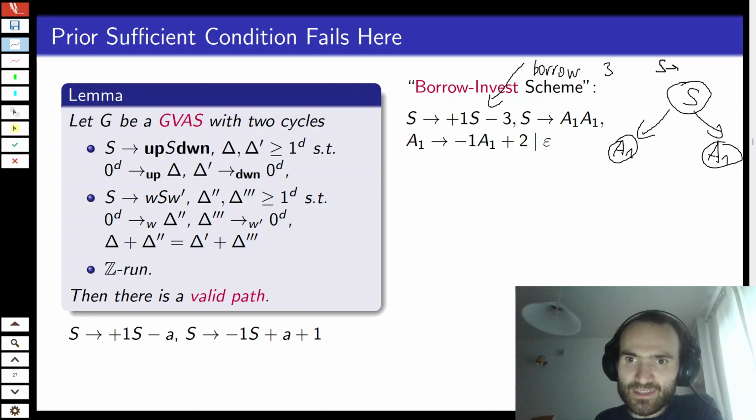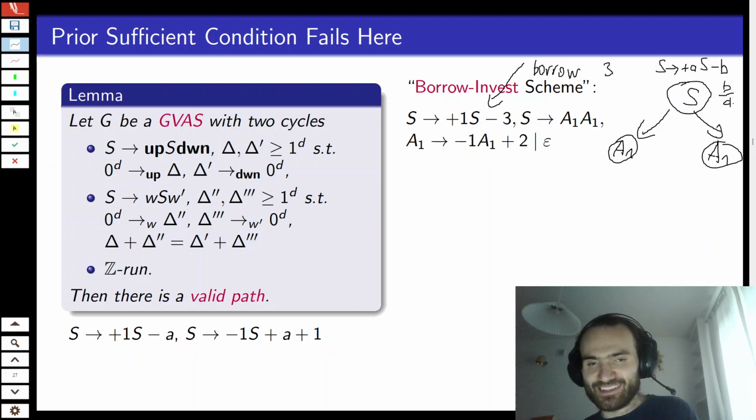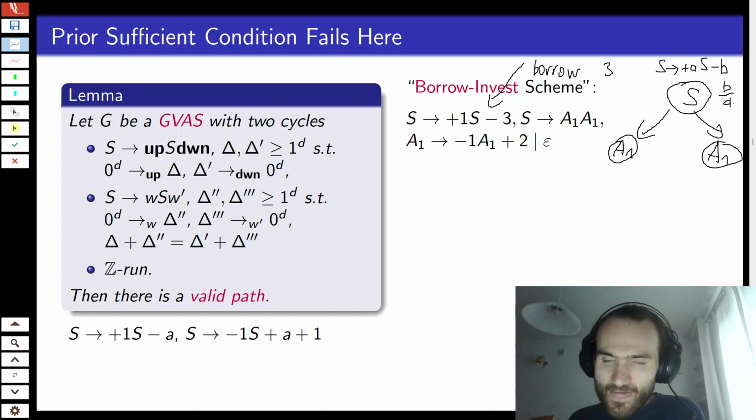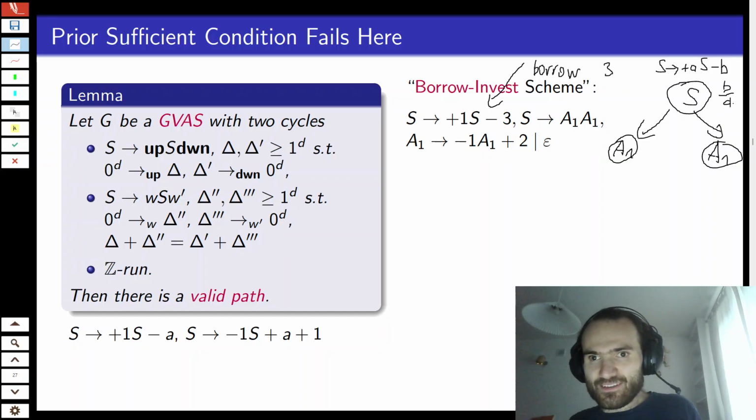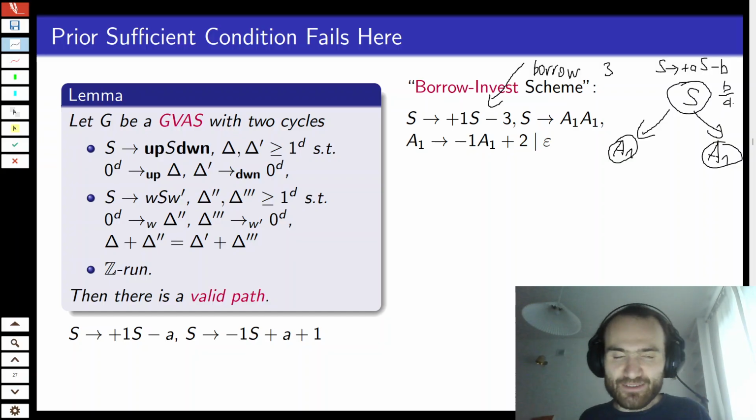Well, if I have a pump that goes S goes to plus A, S minus B, then I say the ratio is B over A. And well, here I made it easy and assumed A is 1, then it's just the right hand side. Okay, so ratio B over A.